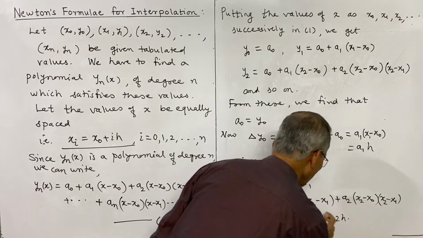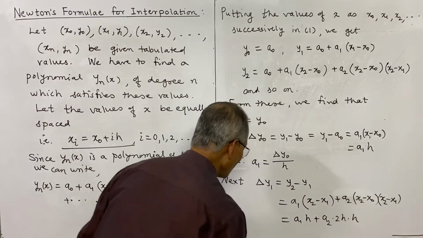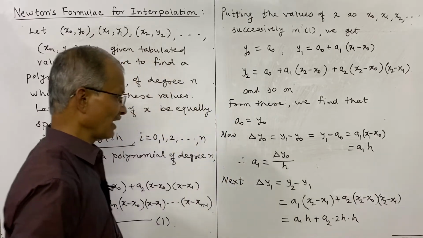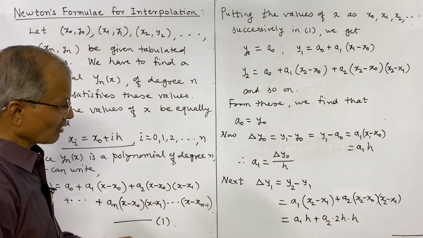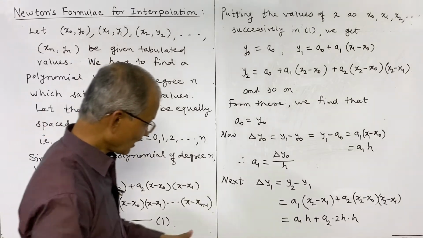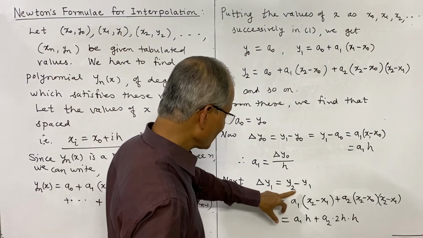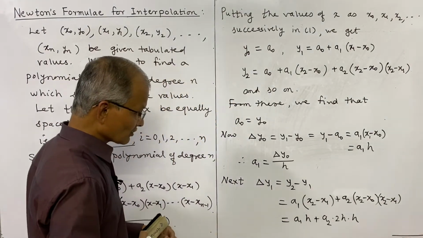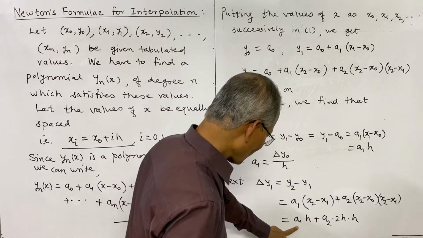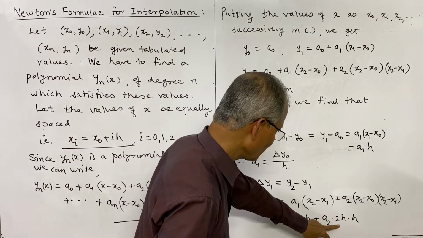And this is again h. So this is what we have obtained for delta of y1, and delta of y1 is y2 minus y1. So here we can take this as a1h plus a2 into 2h square.